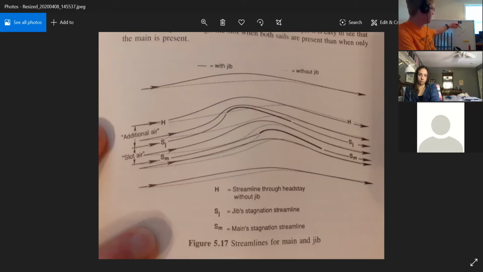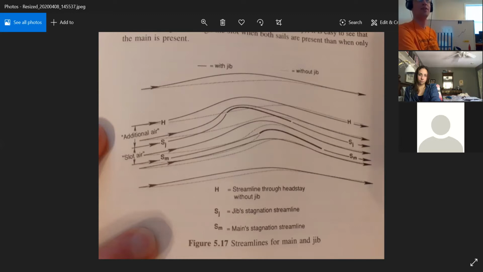So by the jib slowing the air going around the back of the main, it's actually making the mainsail less likely to stall. For anybody who has sailed Lasers, I know I saw at least Lucy in here, we've figured out in our experimentation that with the Laser it's a lot easier to stall the sail.